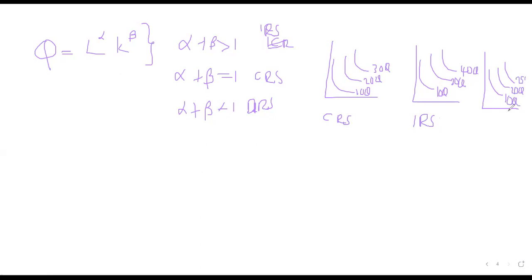So this is what we call decreasing returns to scale. Now, an examiner would ask you a question to explain the returns to scale on a production.